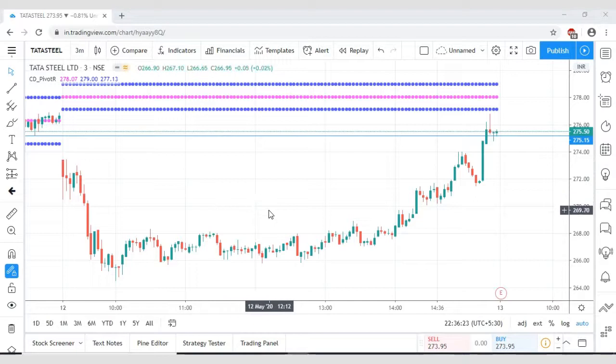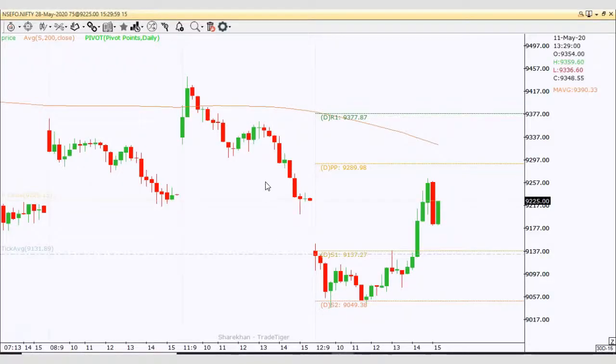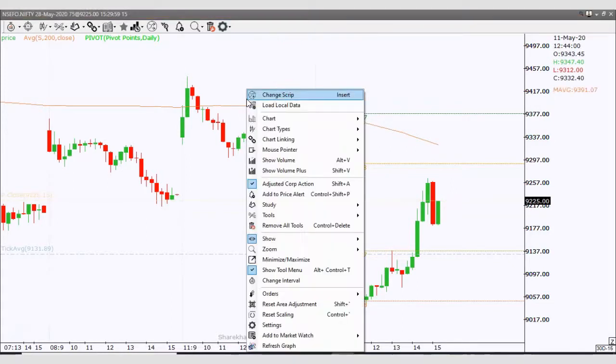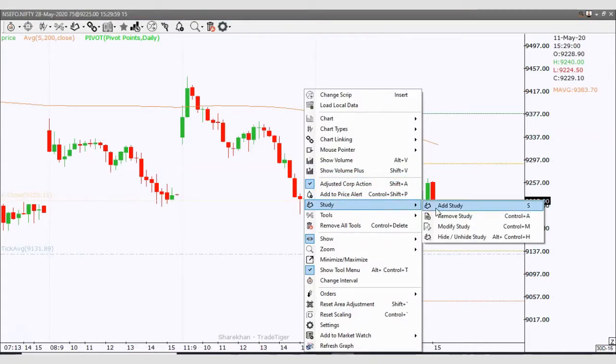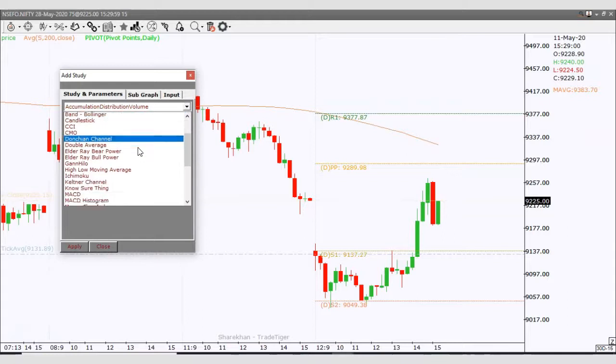I think some time back I told you, normally I don't get it in Sharekhan. I already told you, Sharekhan, ICICI, Motilal Oswal, Angel Broking, all these broking firms, they don't give you the CPR range directly on the chart, meaning you cannot add it directly through add study. Everything else will be there, but you won't find this CPR range.